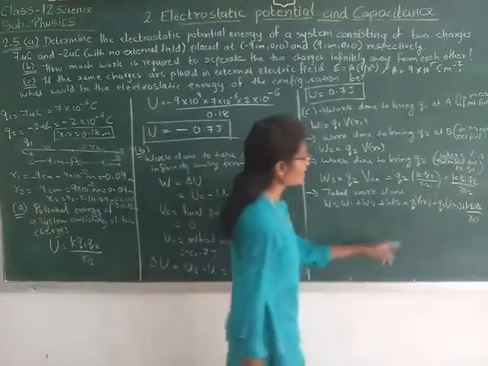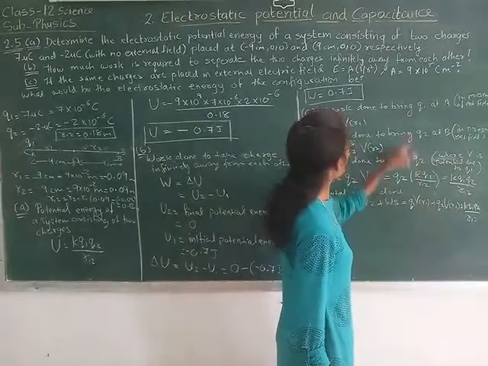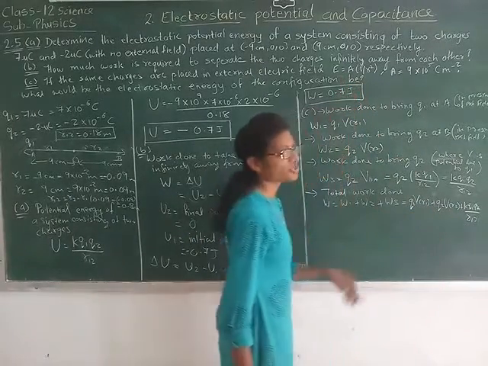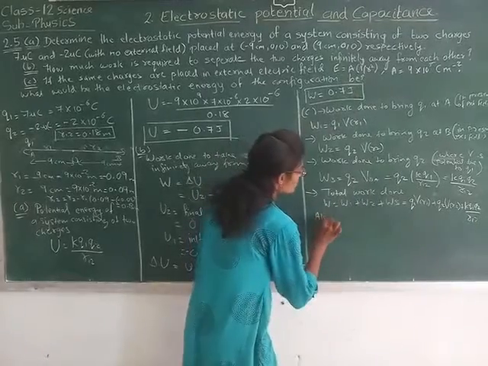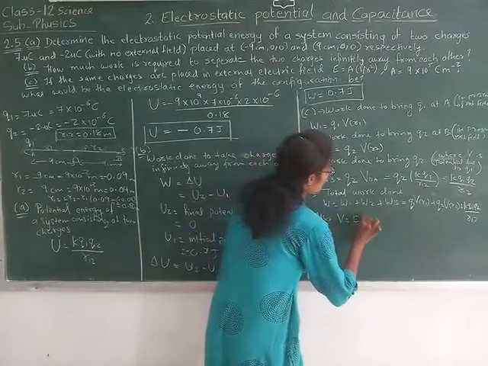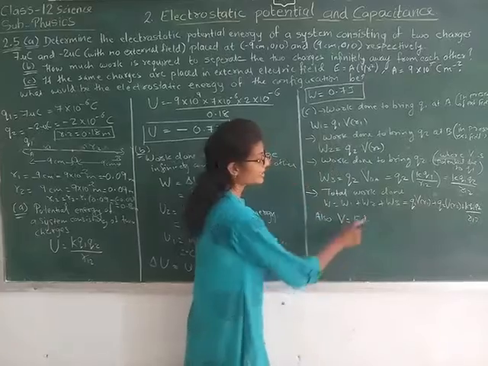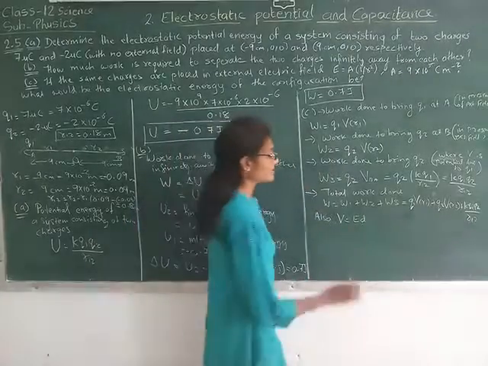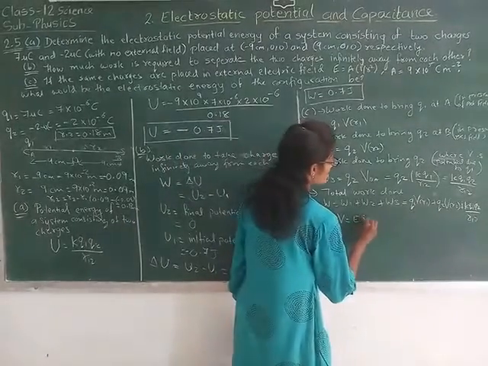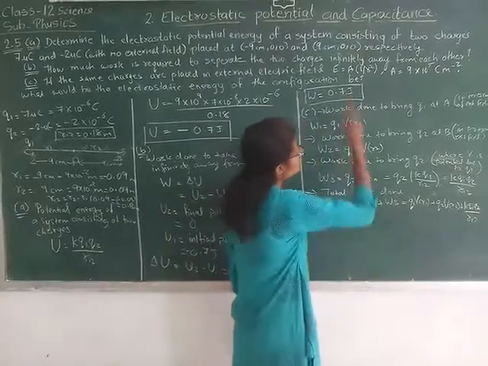Now here we have the equation V equals E D. Also V equals E D, right? Here D stands for distance. Let us write in general the distance as R. What is E?